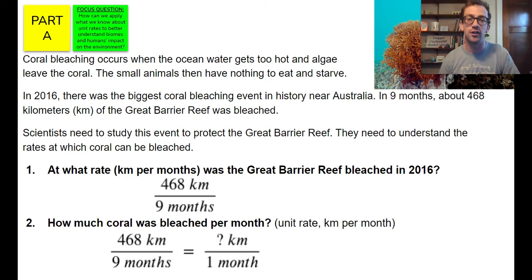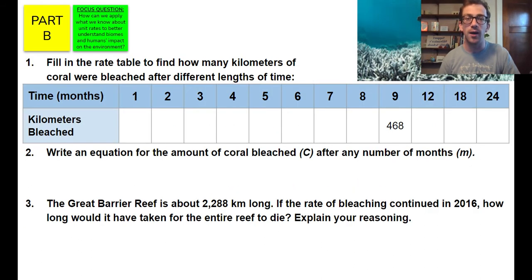As you move through your exploration of the coral bleaching of the Great Barrier Reef, you might find that it's very, very similar to what you were just exploring with rate tables for pizza prices. So I already filled in that we know that over 9 months, 468 kilometers were bleached. You need to tell me how many kilometers were bleached after any other number of months.